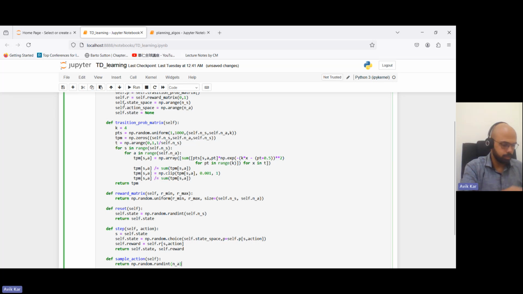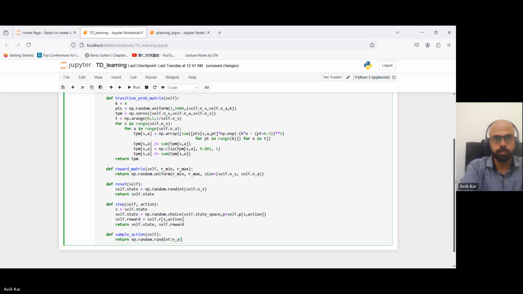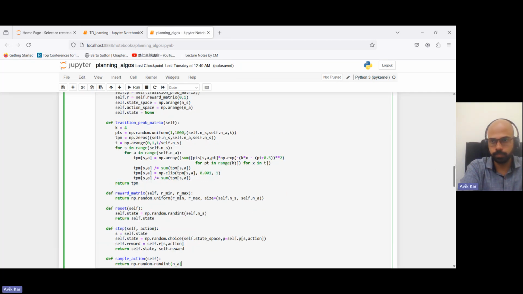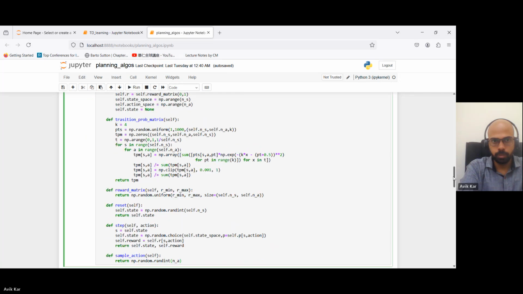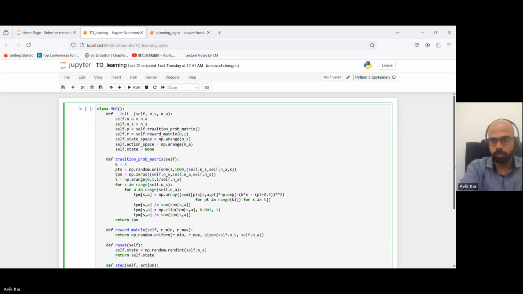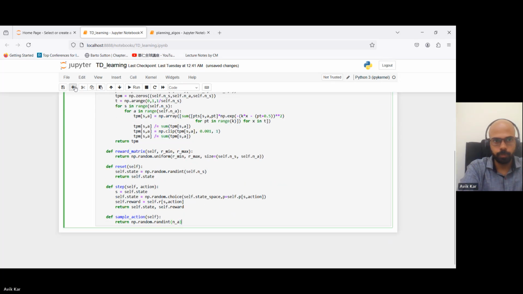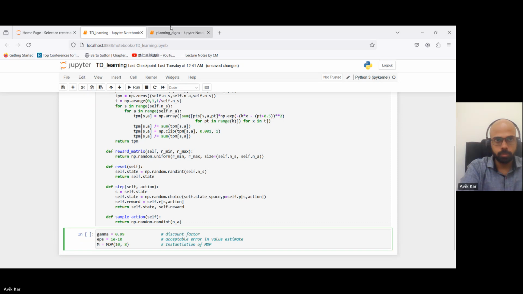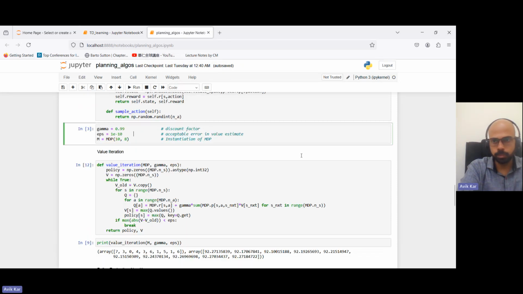Hope you can see that. Copy the MDP. Copying all the necessary code now.